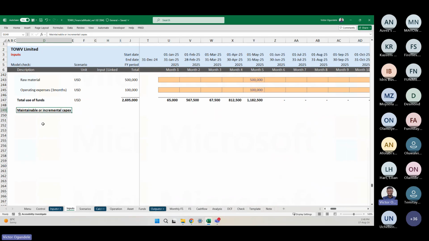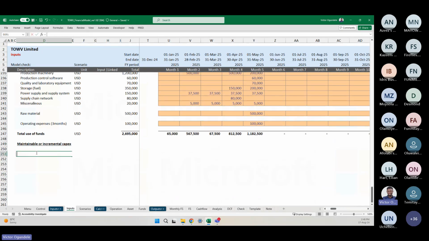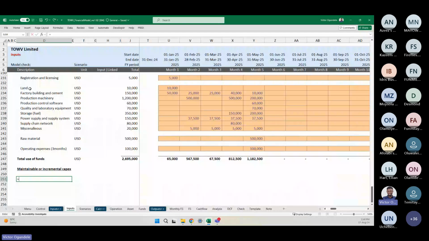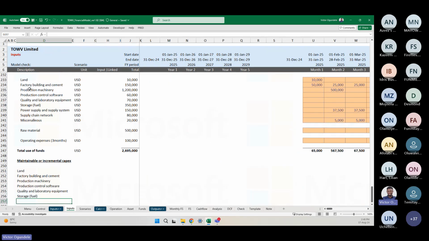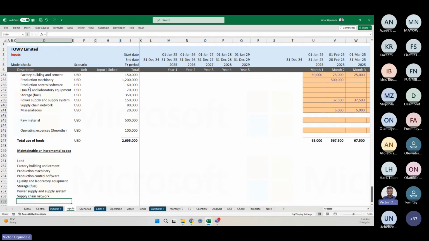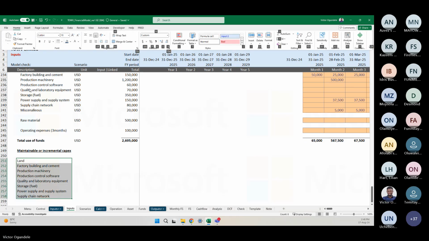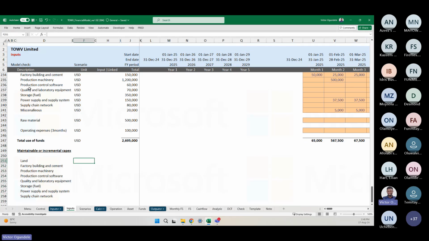And what I'm going to do is I'll just link this to the line items we are going to capitalize: land, factory, building and cement, production control, quantity lab, storage, fuel, power supply, supply chain. So this line item, we are going to create more like a maintainable or incremental capex. Just going to make them input.